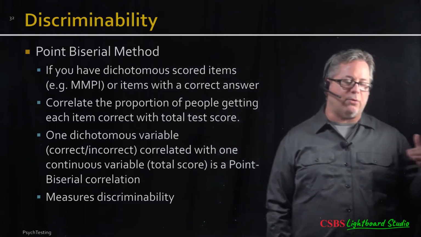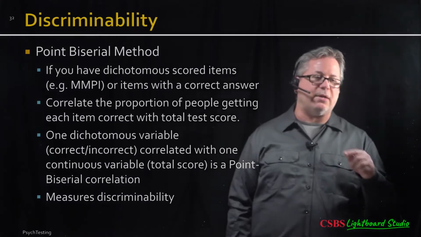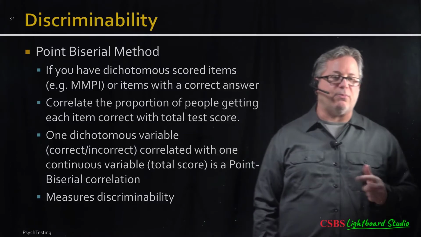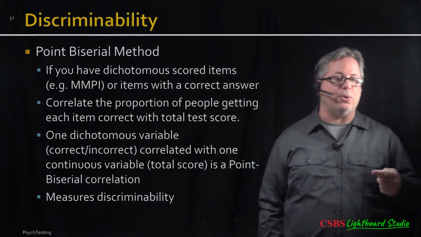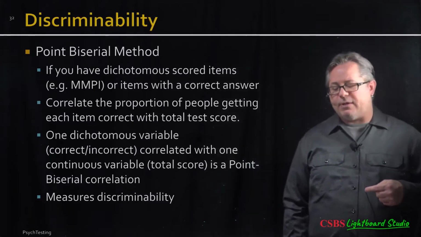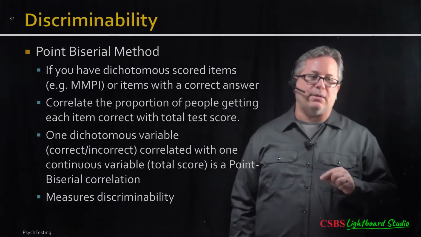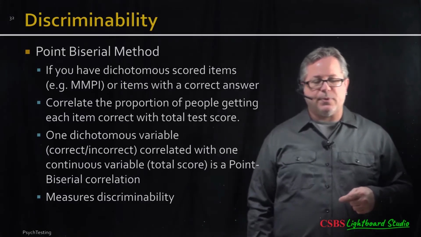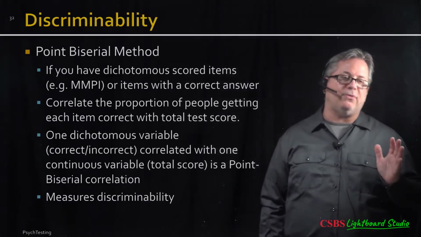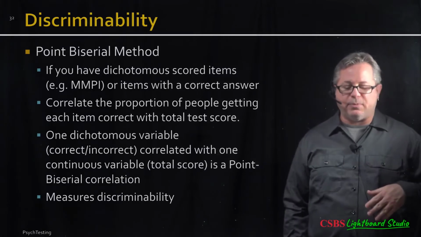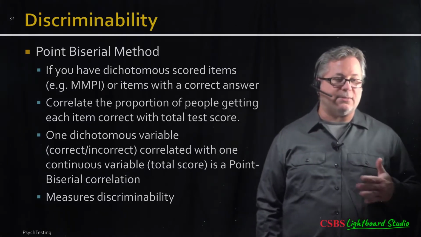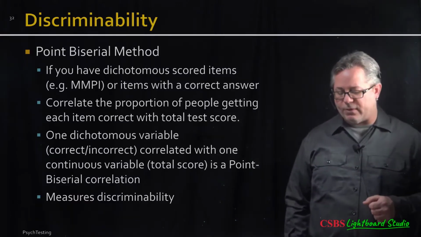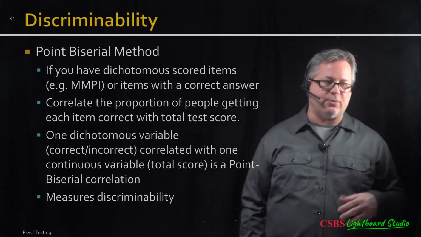It changes how we decide what is a significant or not significant correlation, simply because we know it has more limitations on how high it can go. So we oftentimes will correlate the item with the totals using this point biserial correlation method. And realistically, most people just use Pearson, but they'll be a little more relaxed about how large the correlation needs to be before they consider it a large or discriminating item.